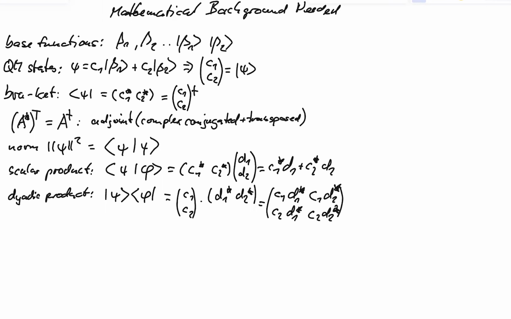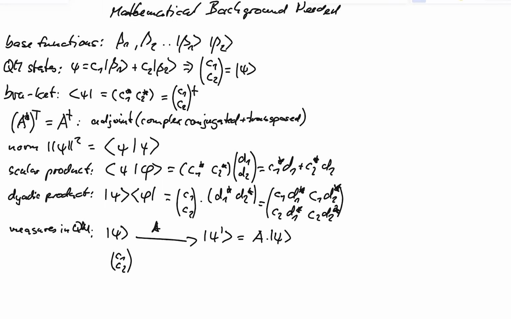Then we have the measurables in quantum mechanics. There we have psi, the operator A applied, and then we get a psi prime, which is A times psi. And psi here is a column vector, C1, C2.